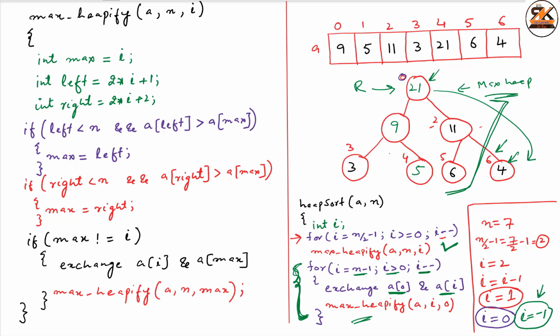We are just removing the root element and placing it at this position, that is the last element, and we are placing this last element at the root position, and then we are decreasing the size of the heap by 1. Okay, and after doing that, we have to again heapify the remaining heap, the remaining tree.